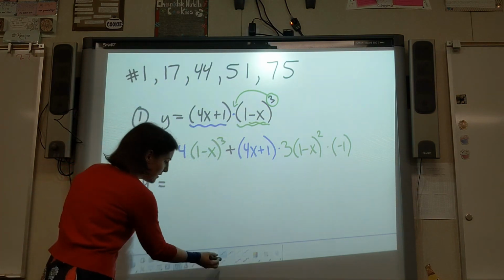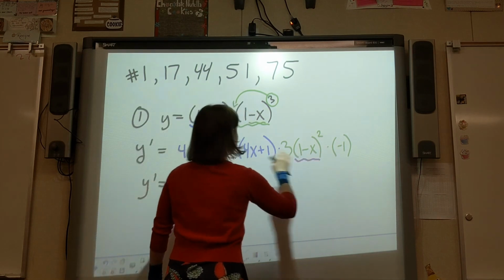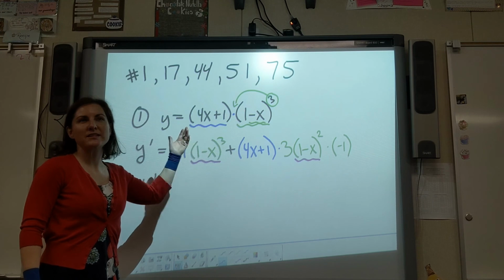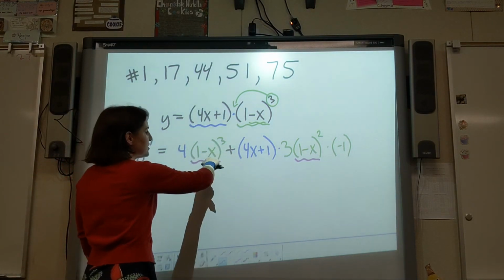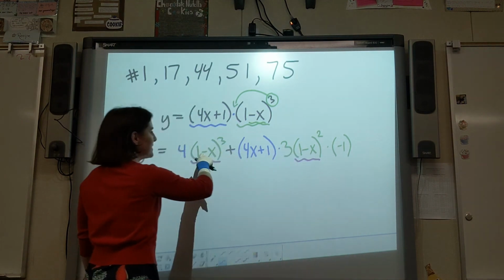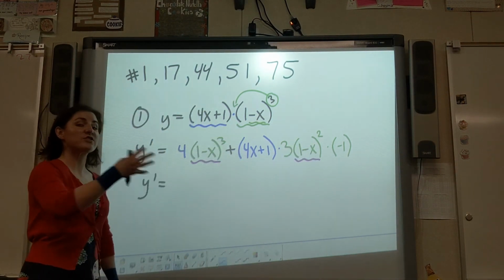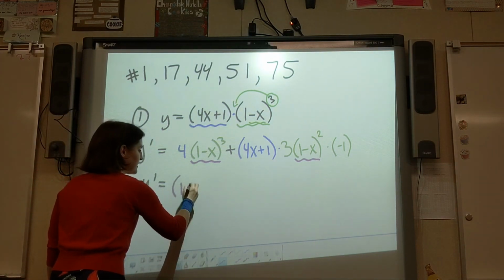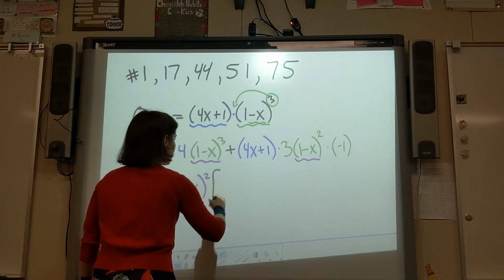Okay, I notice that both of the terms, remember terms are separated by addition. They could also be separated by subtraction, because technically that's adding a negative. Each term has a 1 minus x, and looks like (1 minus x) squared is within each term. I'm going to factor that out. So I'm going to look at this (1 minus x) quantity squared, factor that out, and see what we're left with.